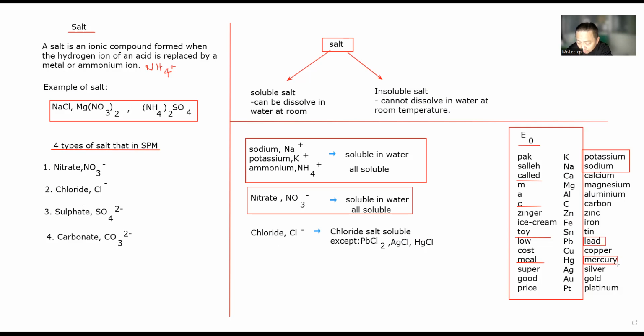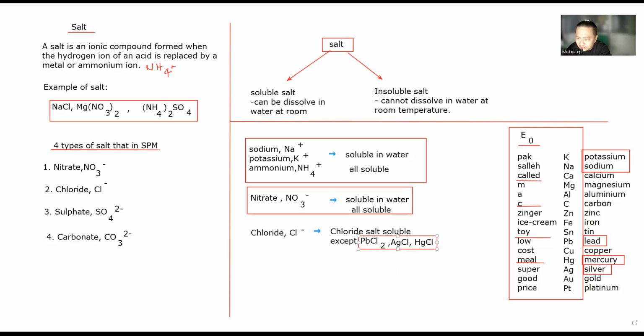Mercury, not soluble. Copper, still soluble. But most of the time at the bottom here, it is not soluble. Lead, silver and mercury, these 3, not soluble. It is in the table there.